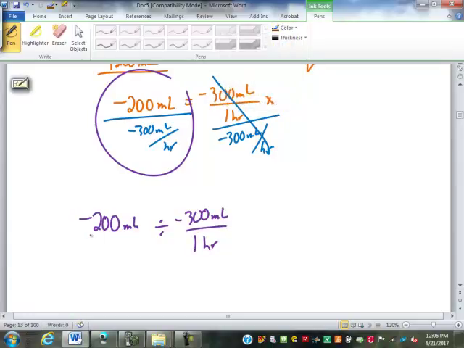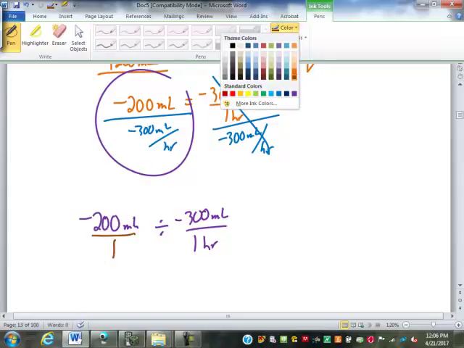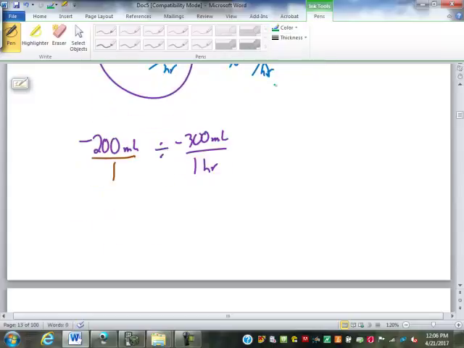The first thing I'm going to do is make the negative 200 milliliters a fraction by putting it over 1. To divide fractions, I have to multiply by the reciprocal. So the negative 200 milliliters over 1 does not change. I'll change this to times 1 hour over negative 300 milliliters.